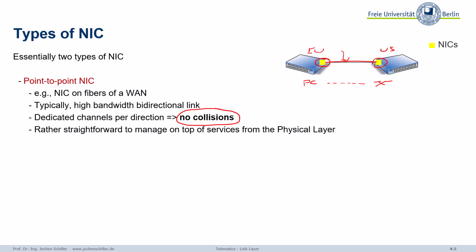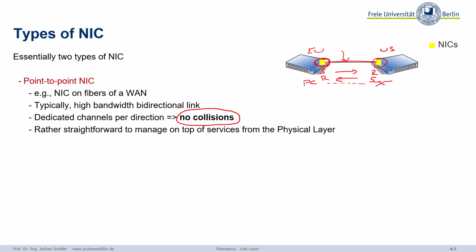In this simple case with a point-to-point NIC, there's only one sender and one receiver, or the other side is the sender, and we have here on the left-hand side the receiver. So if it's a full duplex transmission system, then there are no collisions at all. So it's very simple, very straightforward, as we will see.